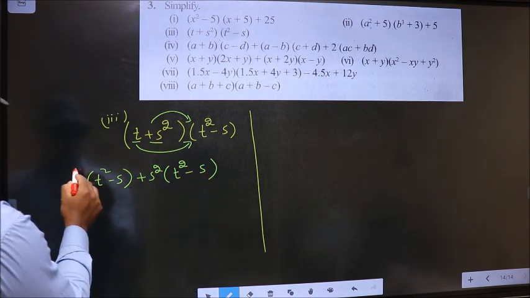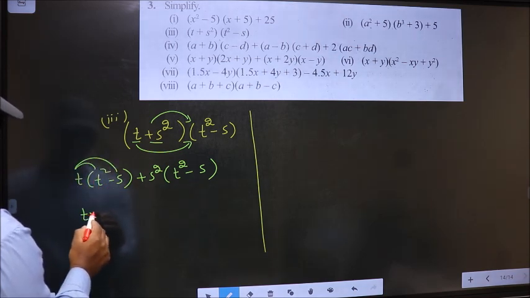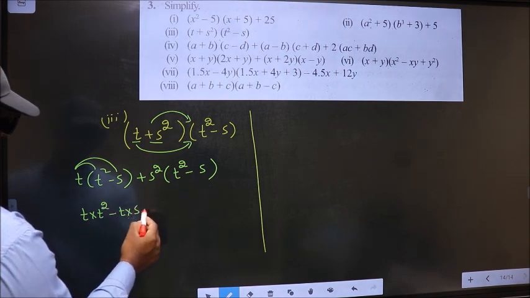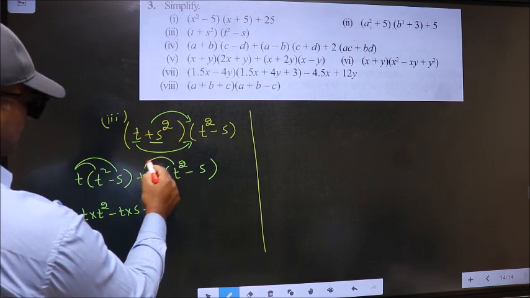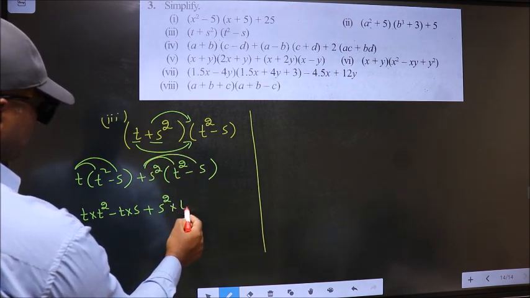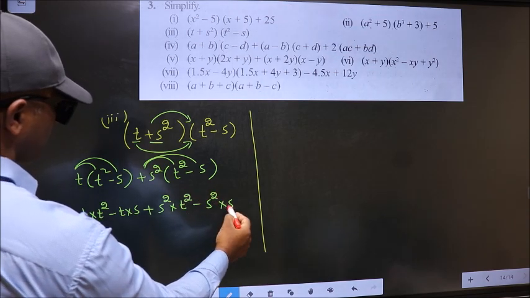Now here we should open up the brackets in this way, that is t into t square minus t into s, plus here also we should open up the brackets in this way, that is s square into t square minus s square into s.